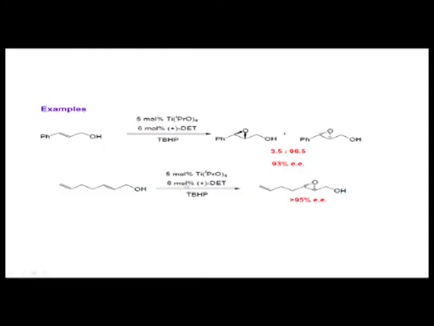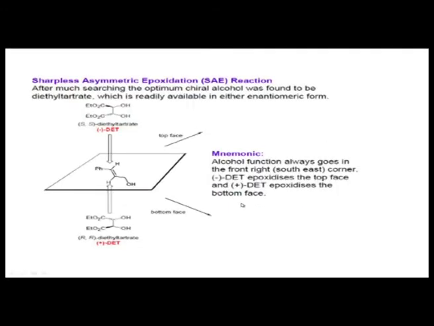So, that gives the beta compound, and this should be plus diethyl tartrate, not the minus. If it is plus diethyl tartrate, then it will be the alpha epoxide, according to the mnemonic device.